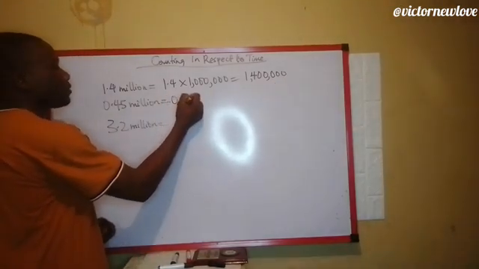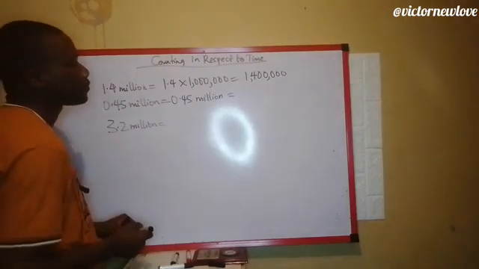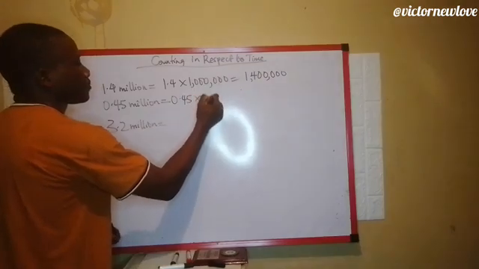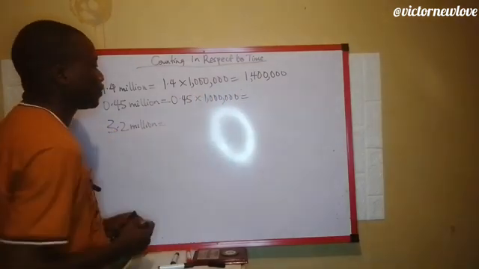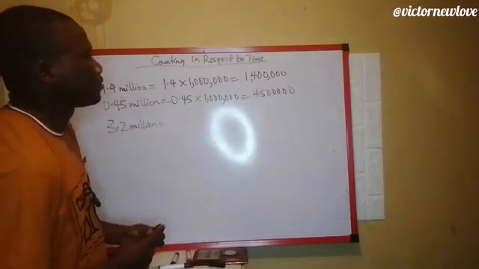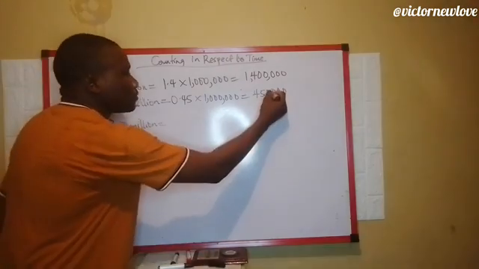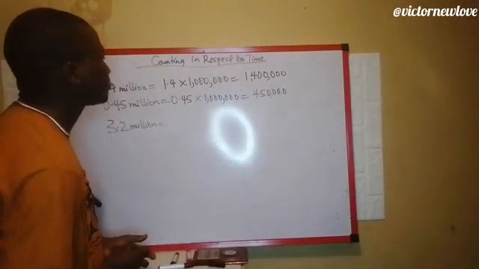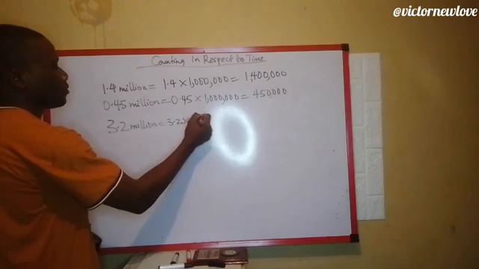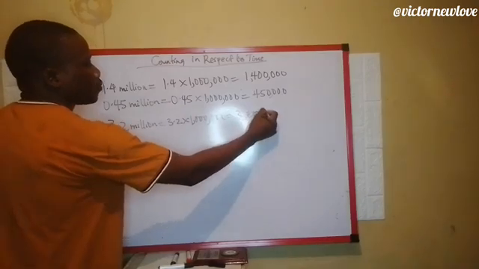They give you 0.45 million. 0.45 million is equal to 0.45 times 1 million, which is 450,000. 3.2 million gives you 3,200,000.